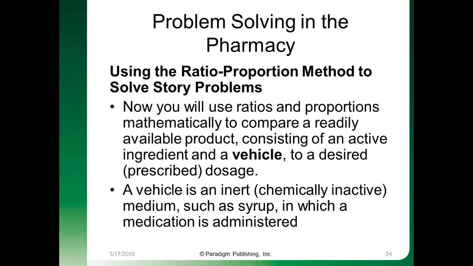So problem solving in pharmacy. Using the ratio proportion method to solve story problems. In pharmacy, we're going to use a lot of story problems. There's going to be a prescription written by a provider, and he's going to tell you a story, basically telling you the story of the patient needs this, and you need to fill it.